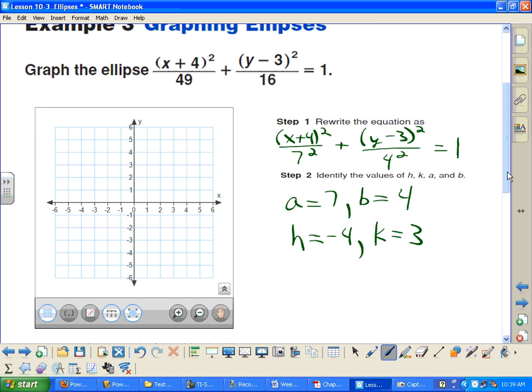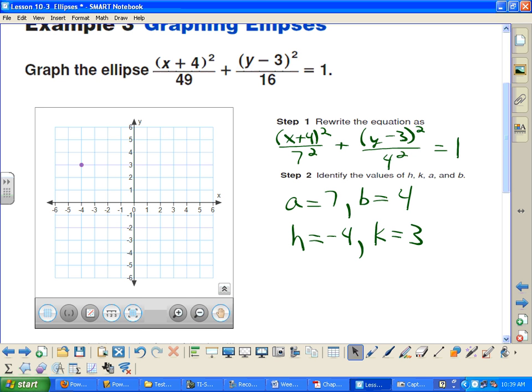When we graph, we start out and we graph the center. In this case, the center is at (-4, 3). Now, I'm probably going to have to change my scale here a little bit. The 7, the bigger number, is under what? The x, right? That means from the center, I'm going to go 7 left and 7 right.